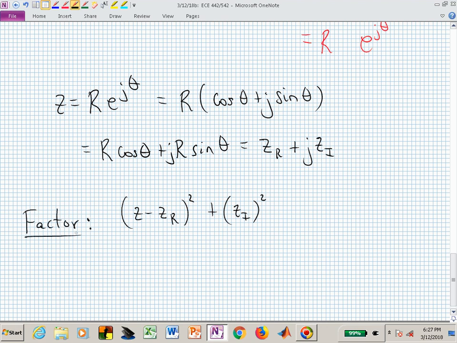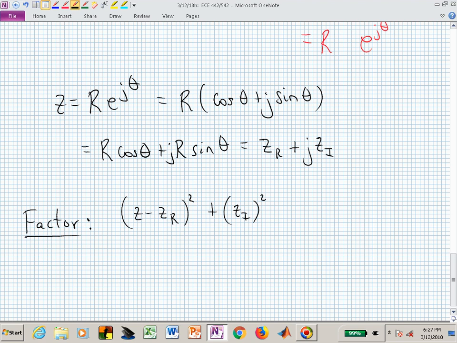Pardon? So the conjugate is buried in here because this is a quadratic. If you now find the roots of this, you'll find the roots are at z sub r plus and minus j z sub I, because it's a quadratic and you have two roots and they're complex.